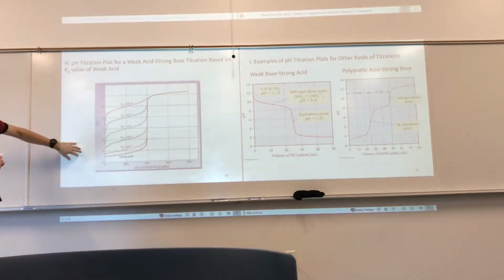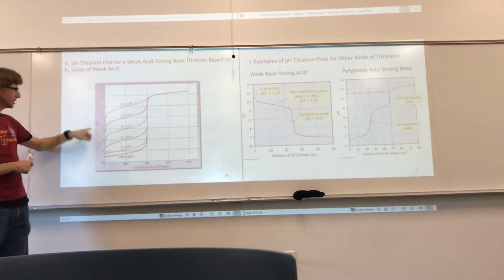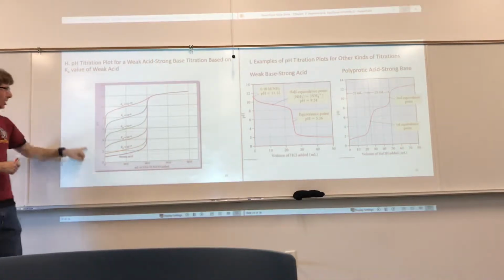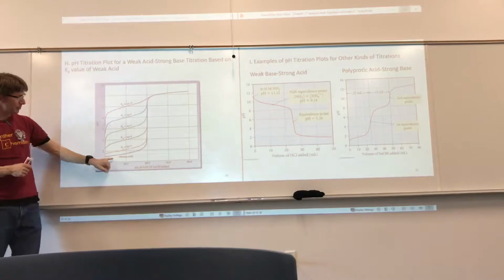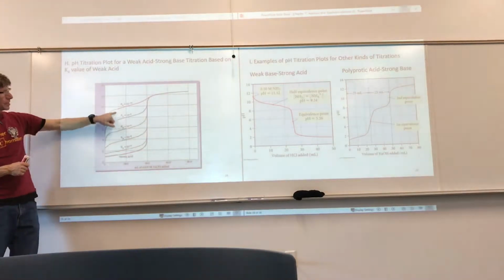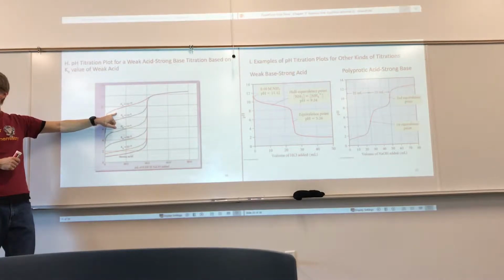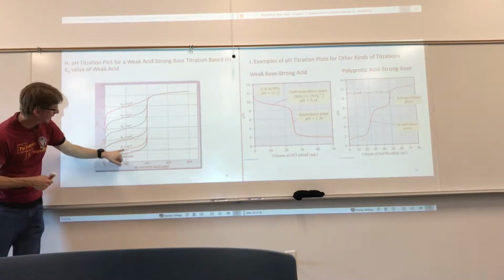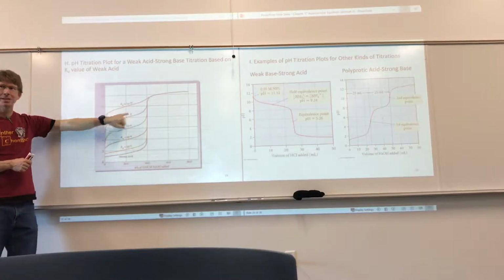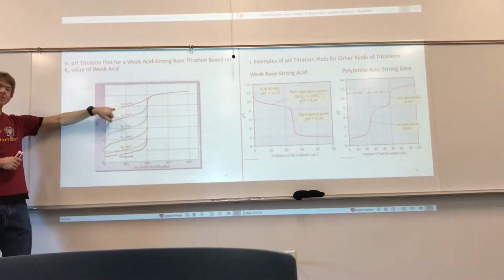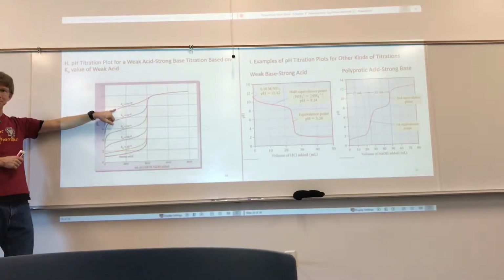And one of the places where I left off was for what are called pH titration plots, that as you go from a strong acid to weaker and weaker acids that are still weak acids, with Ka 10 to the minus 2, 4, 6, 8, and 10, the shape of the pH titration curve changes.